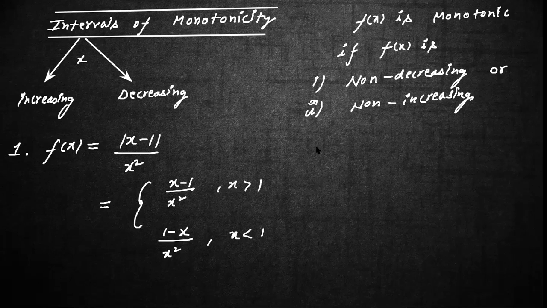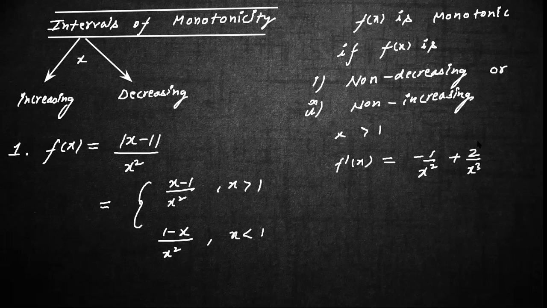So we can take f dash x for x greater than 1. This was 1 by x, so the derivative will be minus 1 by x square, and then for minus 1 by x square the derivative will be plus 2 by x cube.